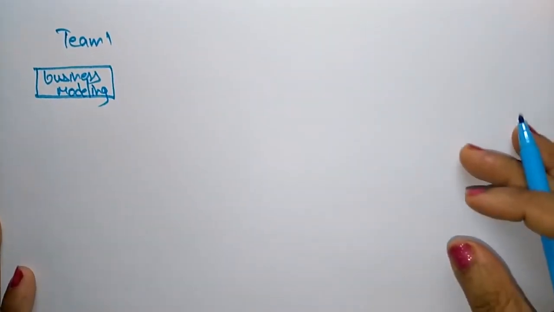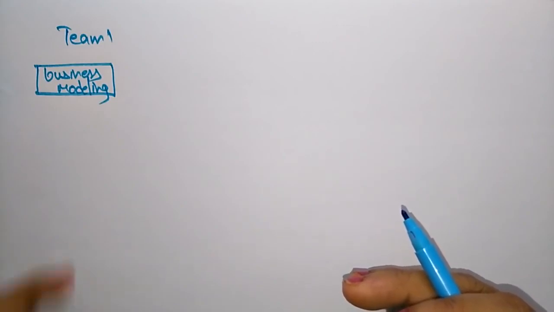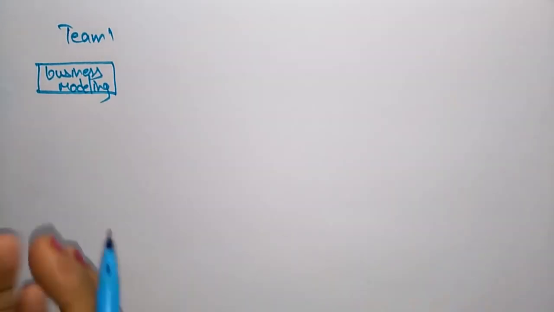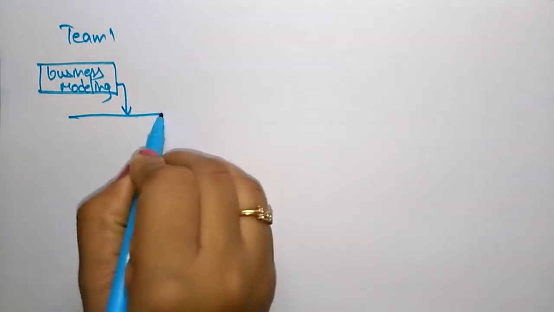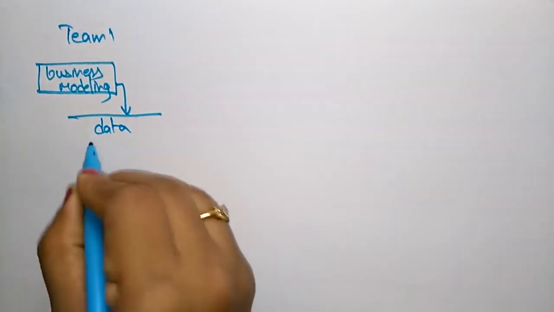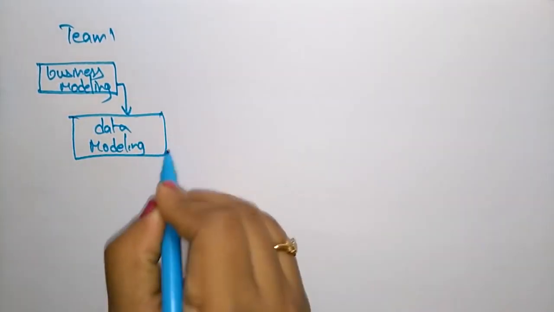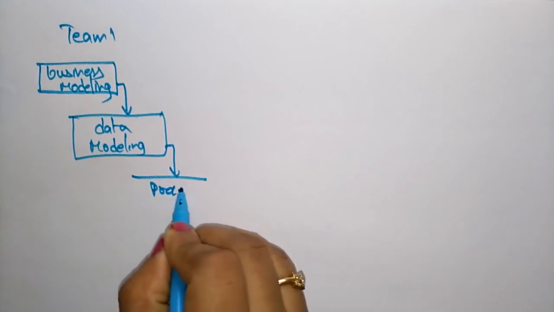So after taking the specifications from the customer, means the communication and planning, they try to model the project. Each team will model each module. So first they try to build the business modeling of the planning. Next they try to build the data modeling. Next, process modeling.